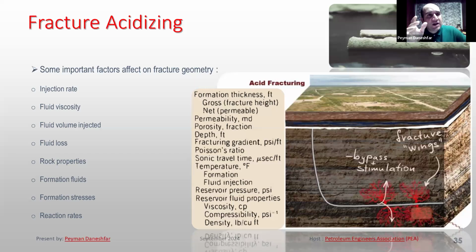Why sonic travel time? Because we can find the Young modulus, bulk modulus, and the stresses. So with these parameters, you can find which direction your fracture will go, or the half length of the fracture, or all parameters that are important in fracture acidizing.